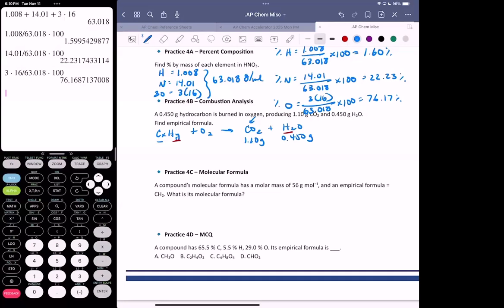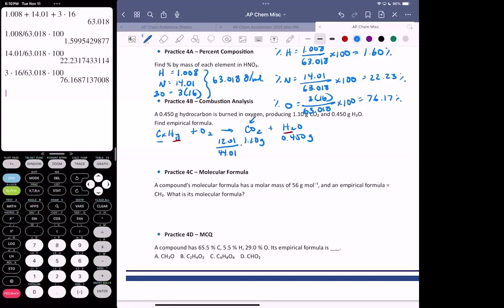Okay, so to find how much of the 1.10 grams of carbon dioxide is carbon, we're going to multiply that number by the mass of carbon over the total mass of carbon dioxide. So in other words, the fractional amount of carbon dioxide that is carbon.